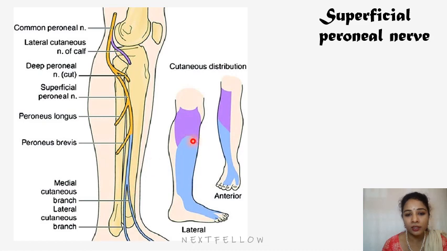We can see the dorsum of the foot here, except the first web space, that is between the great toe and the second toe. Except that area, the rest of the dorsum of the foot is supplied by the superficial peroneal nerve, and the lateral most part of the foot is supplied by the sural nerve.